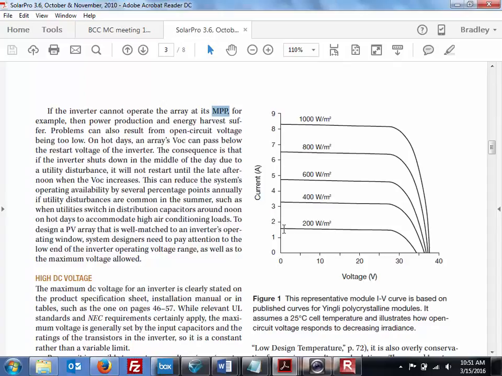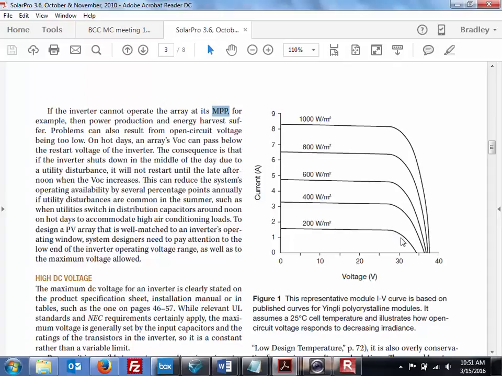Let's call this 1.5 amps. 1.5 times 20, this would be 30 watts coming out. 1.5 times 25, what is that? 37 and a half watts.